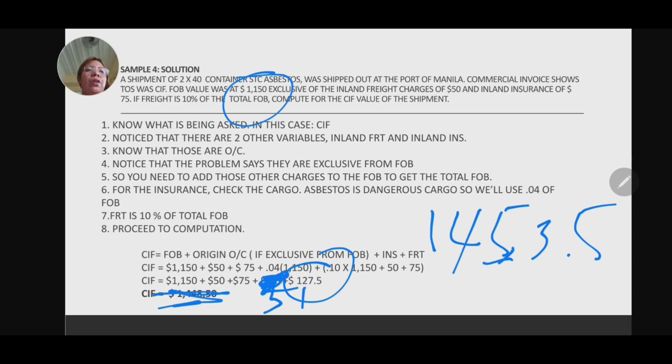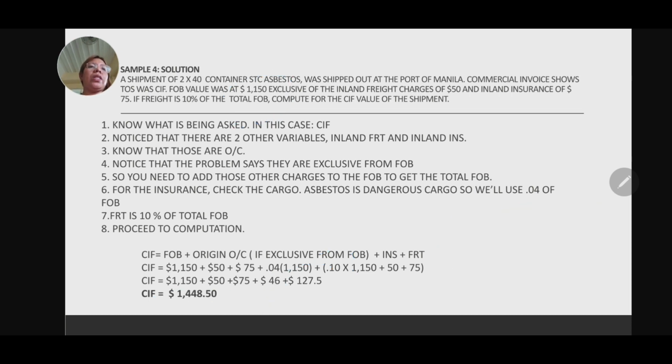So in this problem, our correct answer is 1,453.5. That is the main reason why we always need to analyze a paragraph problem, looking for words that tell us whether those other charges are inclusive of the given FOB or not, so that we will know what to do with those kinds of problems.